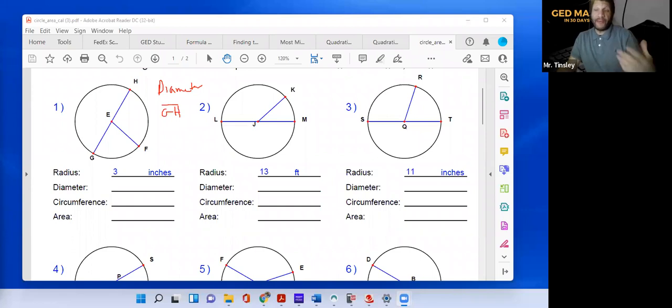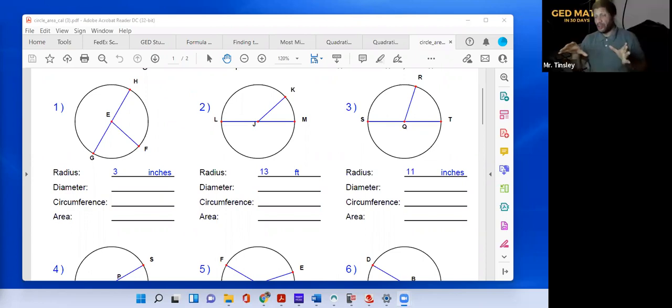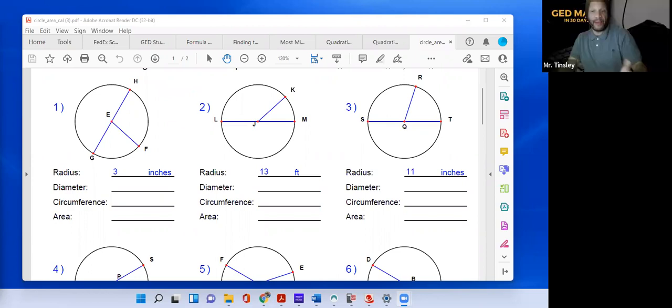Does anybody know how much bigger the diameter is than the radius? Twice. So the radius is half the diameter, or the diameter is twice the radius.